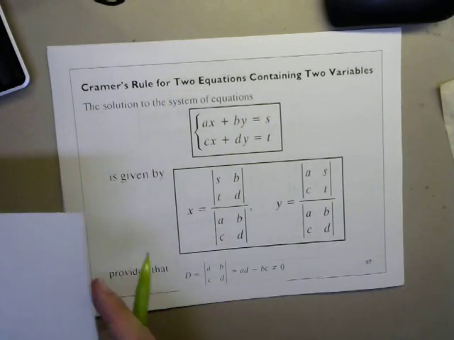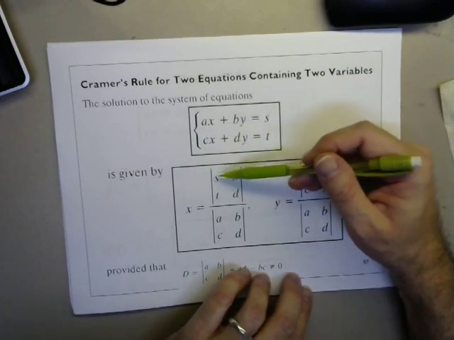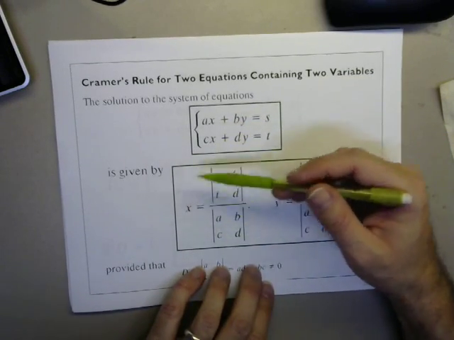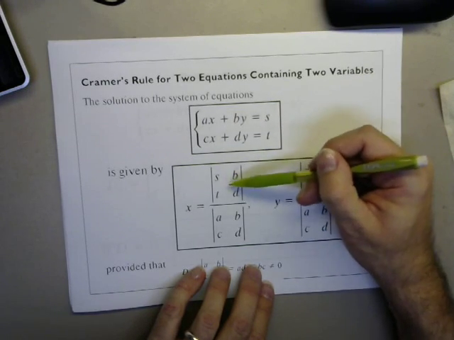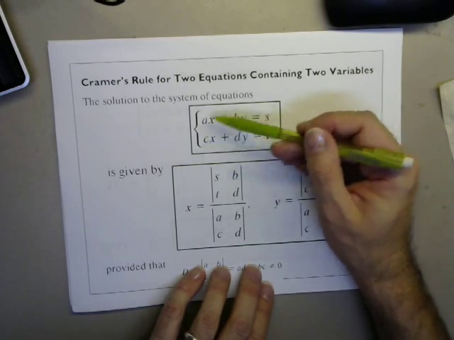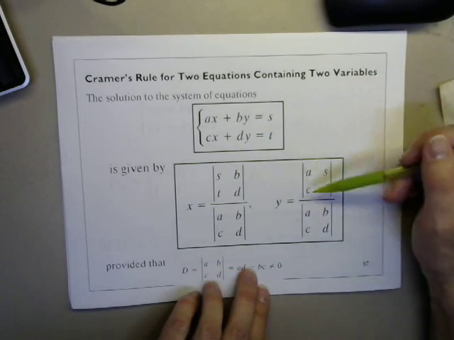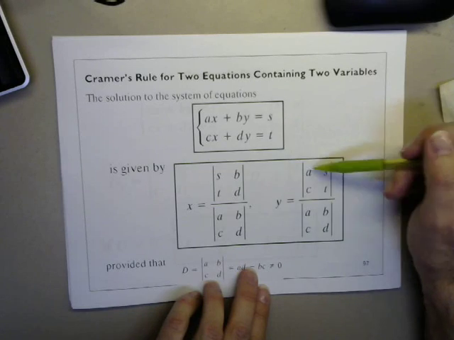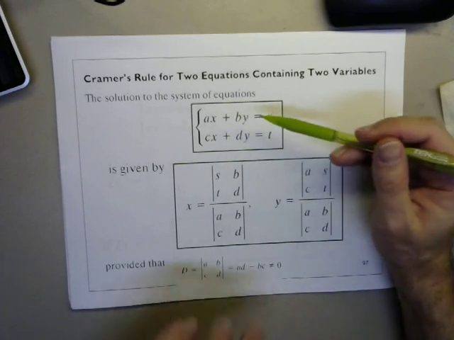So essentially what you want to do is, if you want to solve this system, you basically take the determinant. If you want to solve for x, you replace these coefficients with these numbers over here, calculate that determinant, and then calculate the determinant of the entire thing. And then if you want to find the y-coordinate, you replace these coefficients with these values over here, calculate that determinant, and then calculate the determinant of the left-hand side.